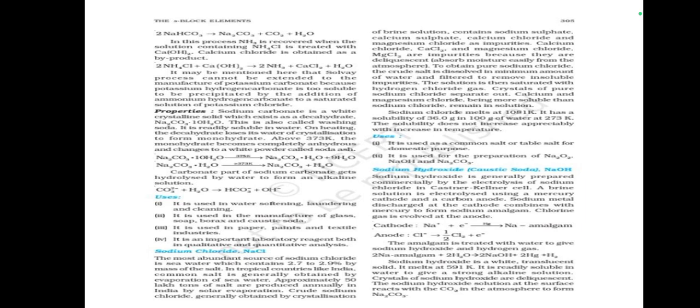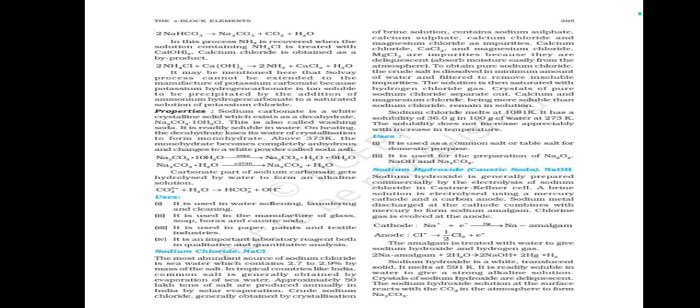Chlorine gas evolves at the anode. Na+ + e- gives sodium amalgam. The amalgam is treated with water to give sodium hydroxide and hydrogen gas: 2Na-amalgam + 2H2O gives 2NaOH + 2Hg + H2.